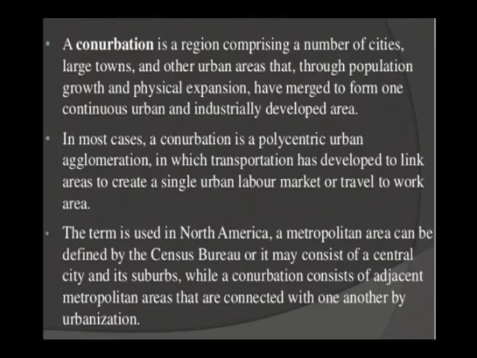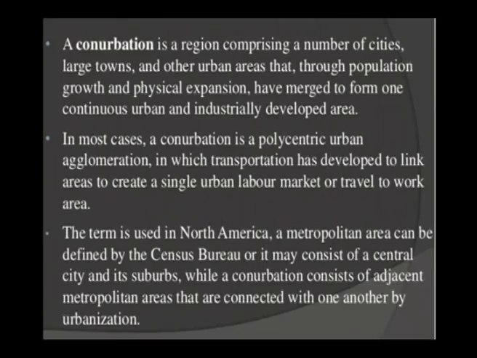A conurbation is a region comprising of a number of cities, large towns and other urban areas that through population growth as well as physical expansion have merged to form one continuous urban and industrially developed area. In most cases, a conurbation is a polycentric urban agglomeration in which transportation has developed to link areas to create a single urban labor market or travel to work area.